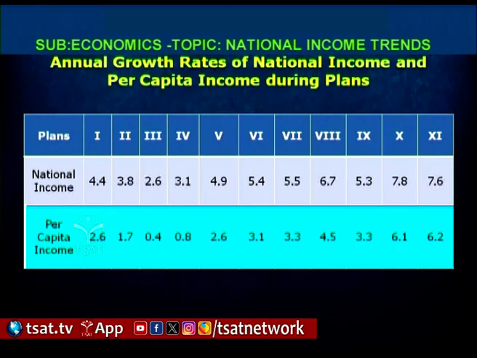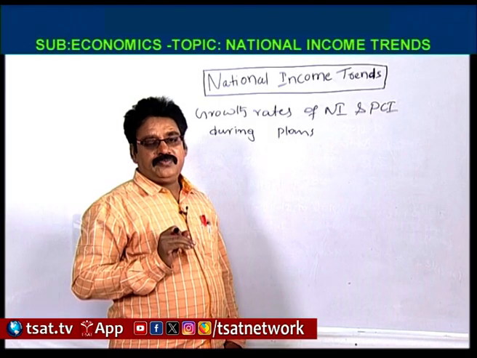Then fifth plan 2.6 and 3.1, 3.3, 4.5. Slowly per capita income is also increasing. Because of the high growth rates in national income, it is reflecting in per capita income.